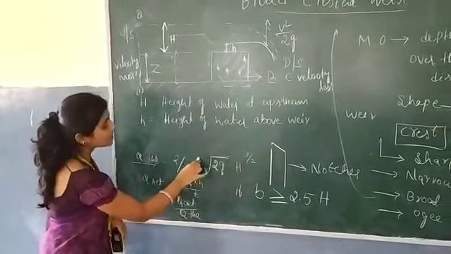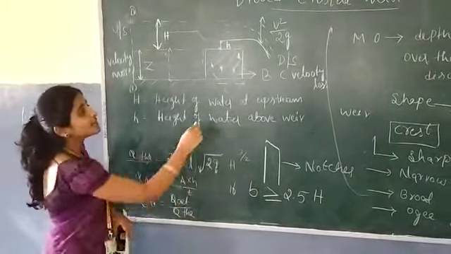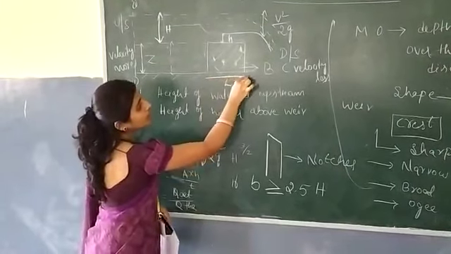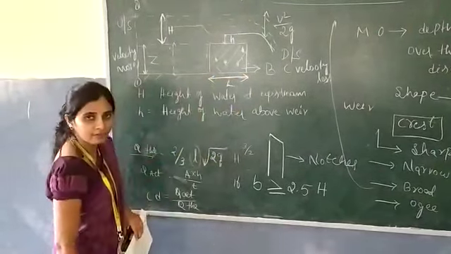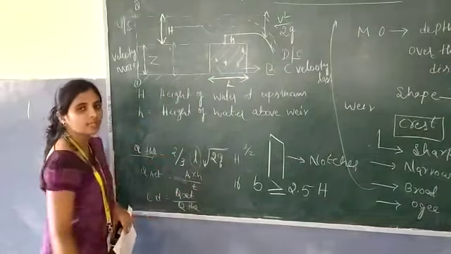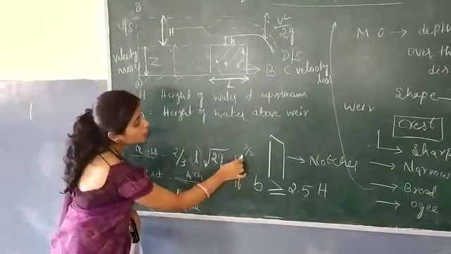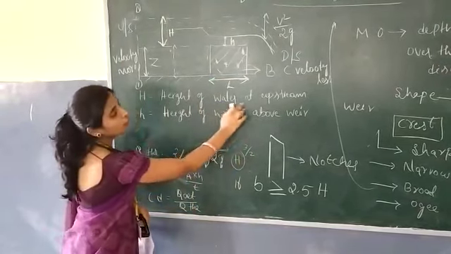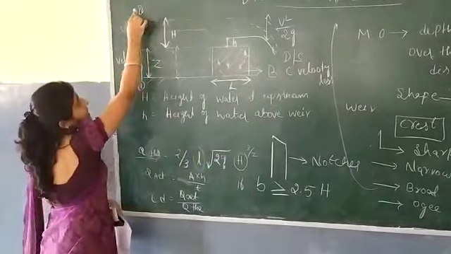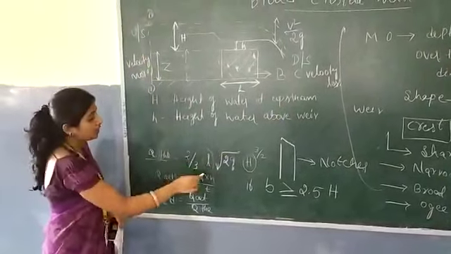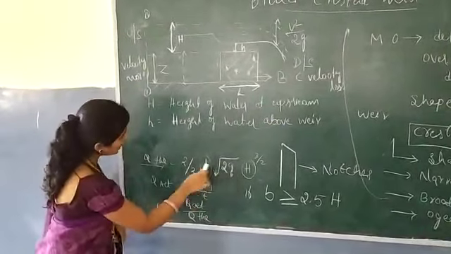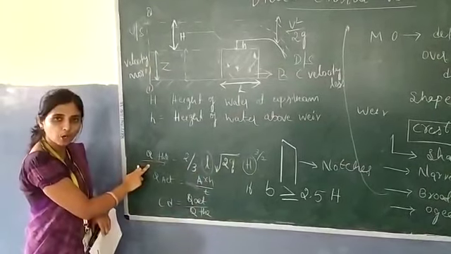Here L is the length of the broad crested weir, g is the acceleration due to gravity, and h is the height of the water at the upstream, that is section 1.